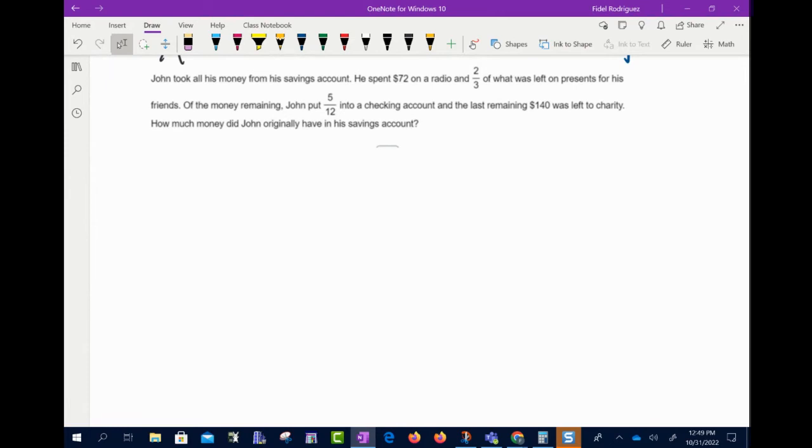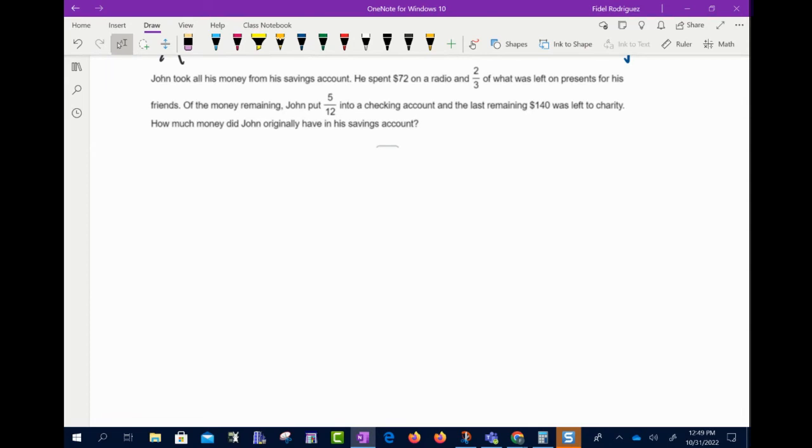Okay, so this problem, y'all, is definitely a complex problem. And the one thing I always tell my students is when you're doing a word problem, you got to read it. Second thing you got to do is you got to read it again. Okay, John took all his money from his savings account. He spent $72 on a radio, and 2/3 of what was left was for presents for his friends.